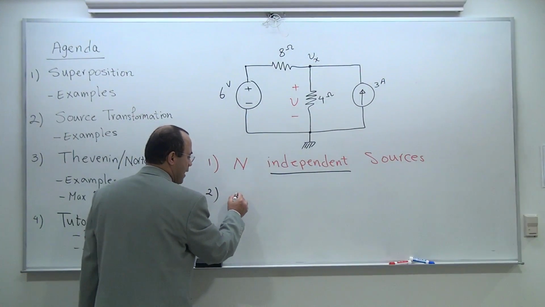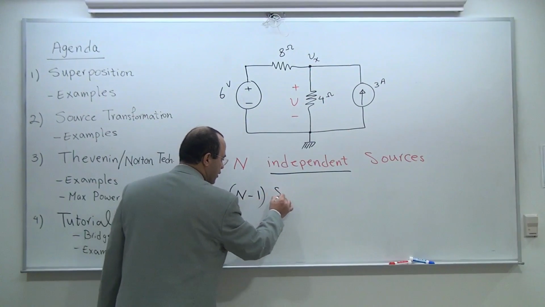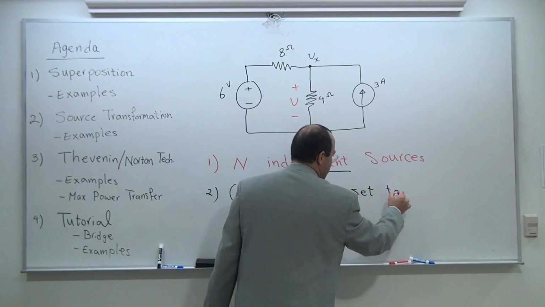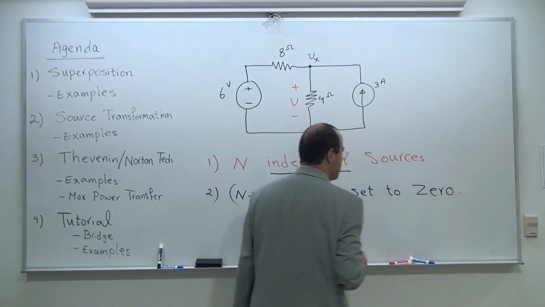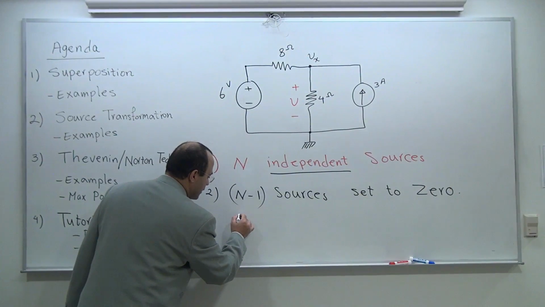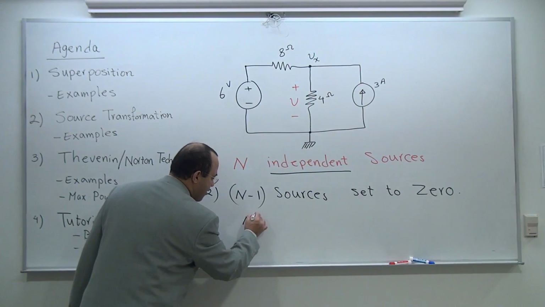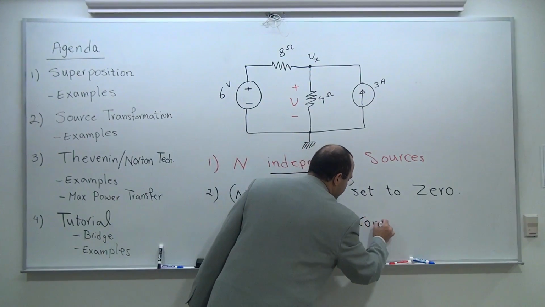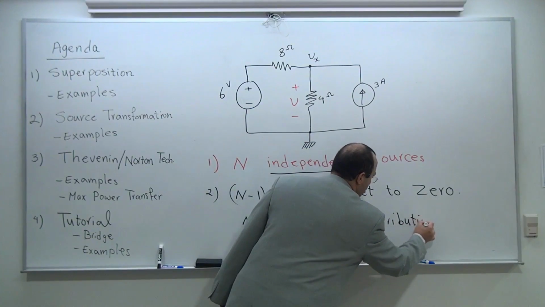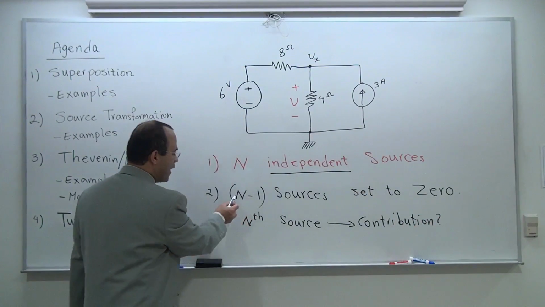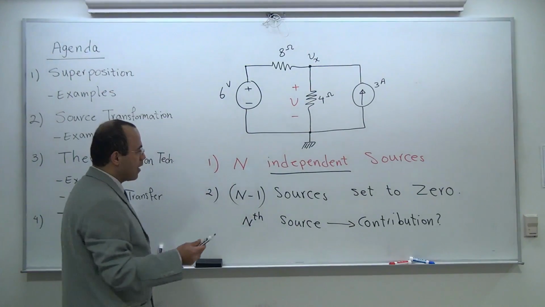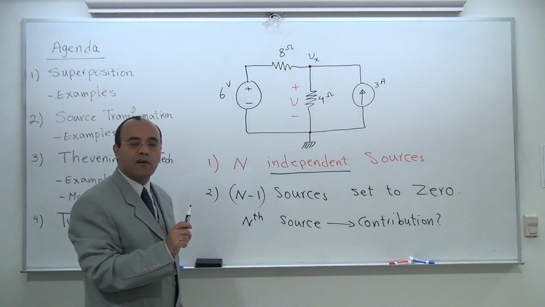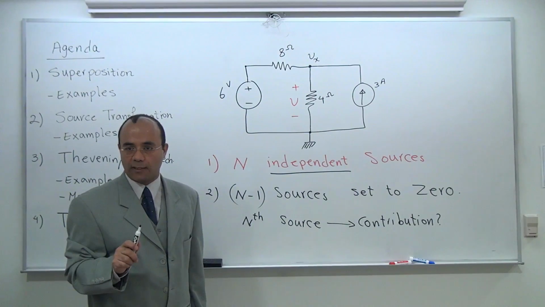I'm going to have n minus 1 sources set to 0, shut down to 0, and I am going to find the contribution of the nth source. So if I happen to have 10 sources, I'm going to have 9 sources set to 0, and I'm going to find the contribution of the 10th component.